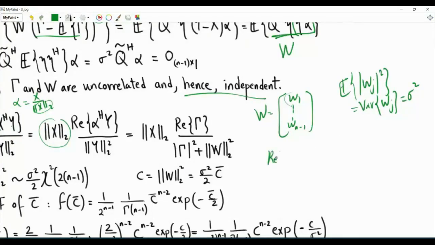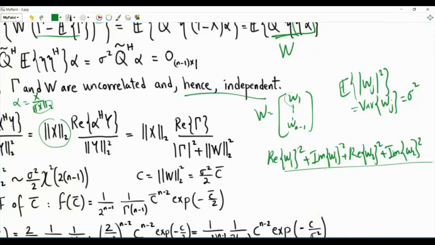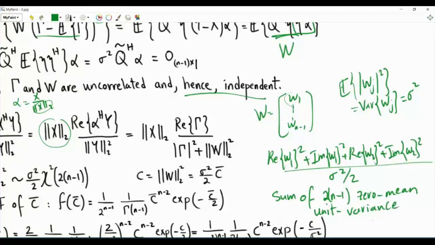Okay, so this means that if we take the real part of W1 squared plus the imaginary part of W1 squared plus the real part of W2 squared plus the imaginary part of W2 squared, and so on, this summation will give the L2 norm squared of vector W, and if we divide by sigma squared over 2, then we have a sum of 2(n-1) zero mean, unit variance, real valued Gaussian random variables.